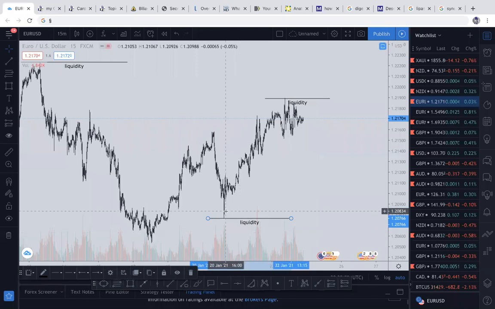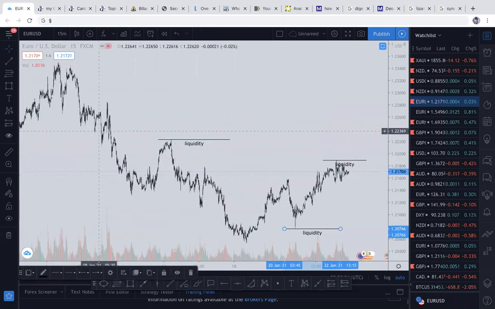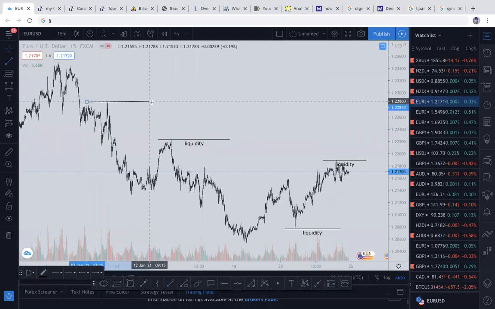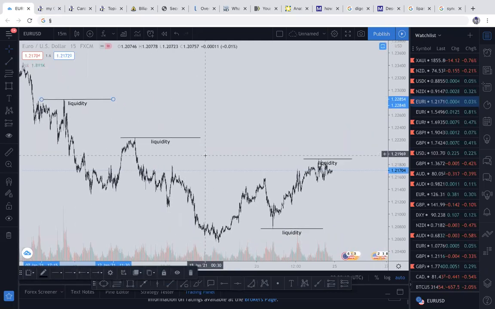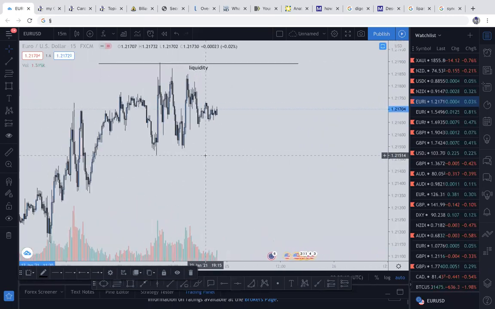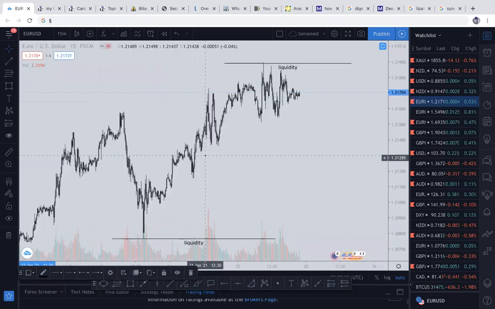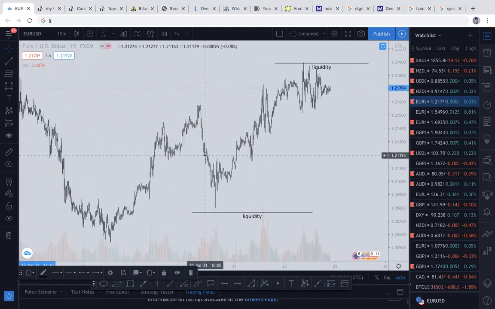Pay attention to this, guys. And the next area of liquidity is there. These are the clear and obvious areas that I can see liquidity sitting, right? You come to the chart and you mark up all this and you're waiting for where price will sweep the liquidity first.